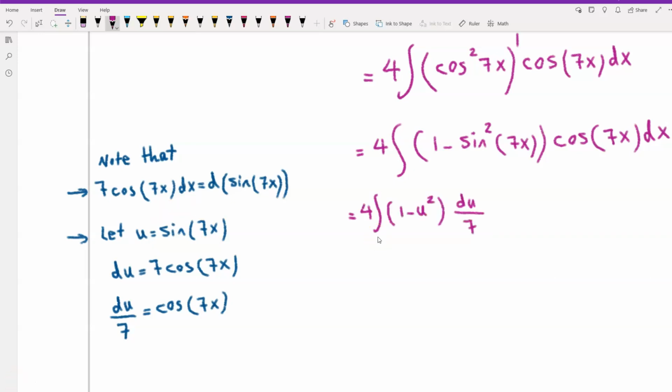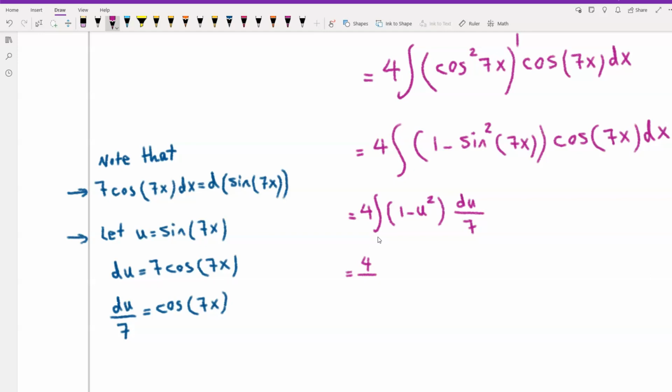So our integral is equal to 4 times the integral of 1 minus, instead of sine squared I used u squared, multiplied by cosine 7x, that is du divided by 7. And then I'm going to move 4 divided by 7. So we already have 4 outside of the integral, but I'm going to move 1 over 7 outside of the integral.